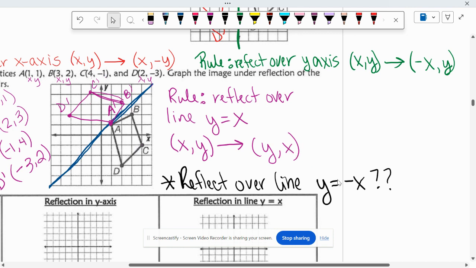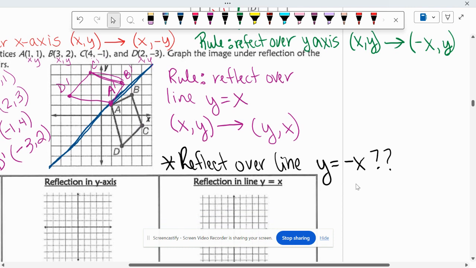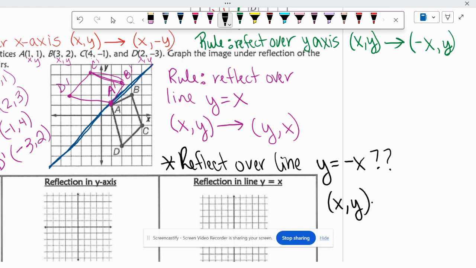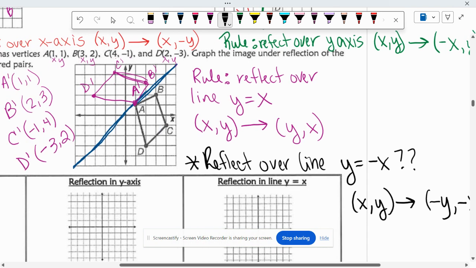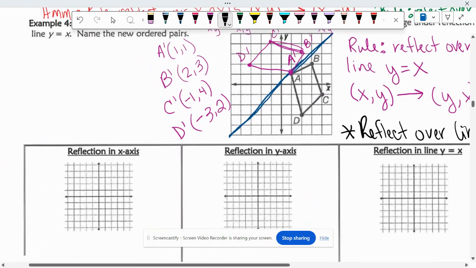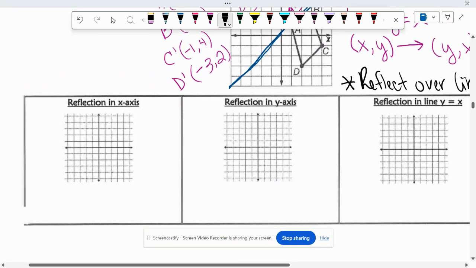If you reflect over the line y equals negative x, what do you think you do? Well, the rule is, hopefully you're guessing, you change the order and the sign. So it becomes opposite y, opposite x. That's the reflection rule.